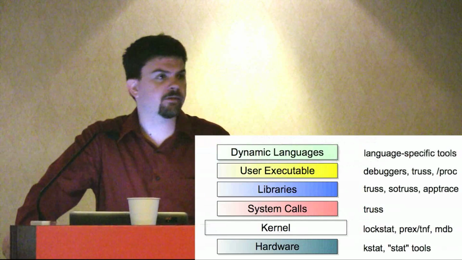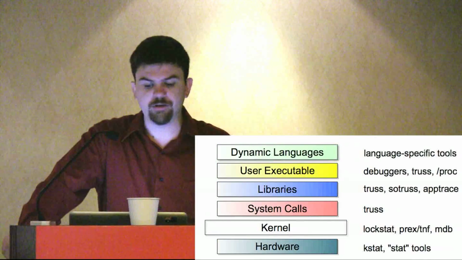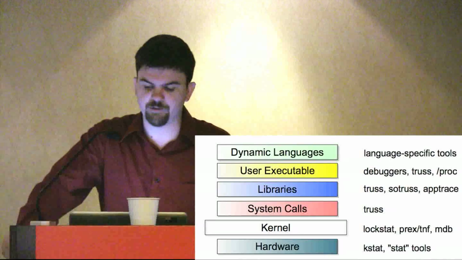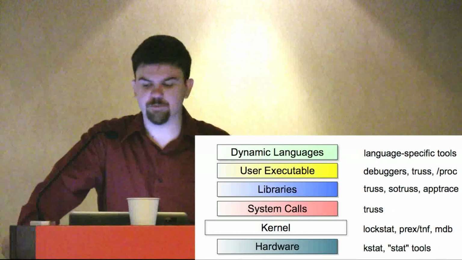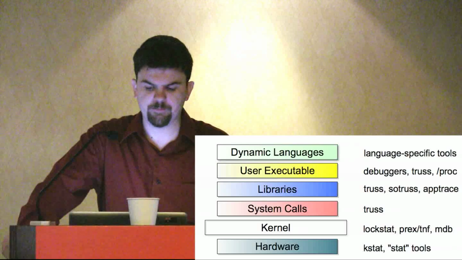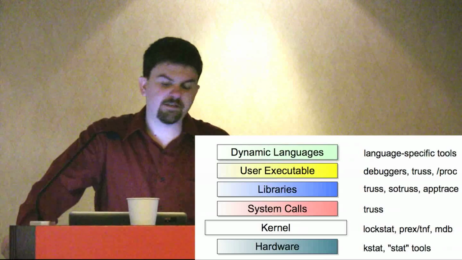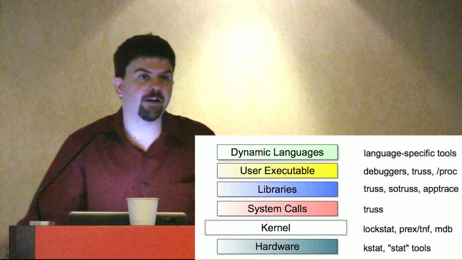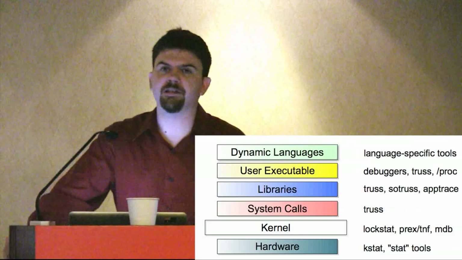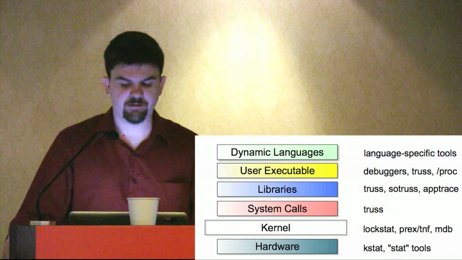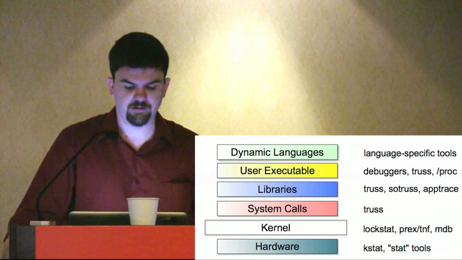User executables: compiled code, debuggers, things like truss or strace, also finding out what's going on in /proc. For libraries, again, maybe there's a developer environment you can run to look at how it's using compiled C libraries, or maybe you're going to use some of the other system tools.